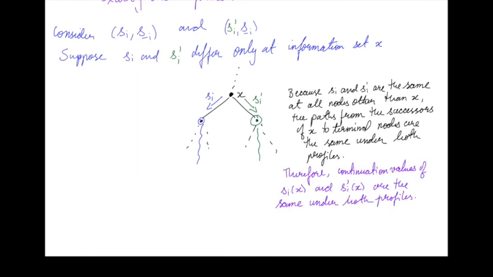So the continuation values of this action and this action are the same whether you're looking at it with this profile or this profile. If we start with a strategy profile that's a subgame perfect equilibrium, then you know that in every subgame, it's a Nash equilibrium, so there's no profitable deviation below. So all you have to check is if there's a one-shot deviation.